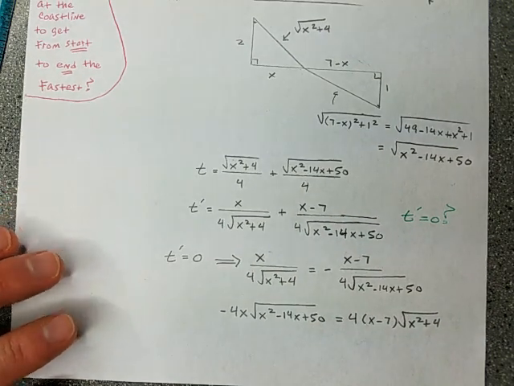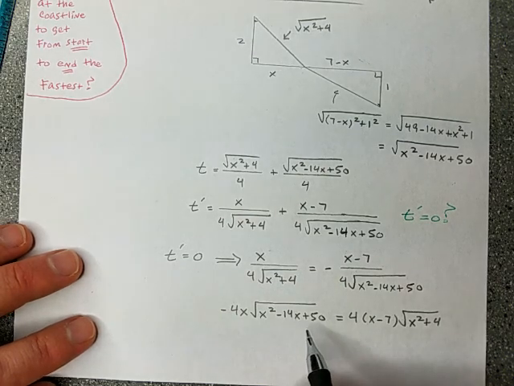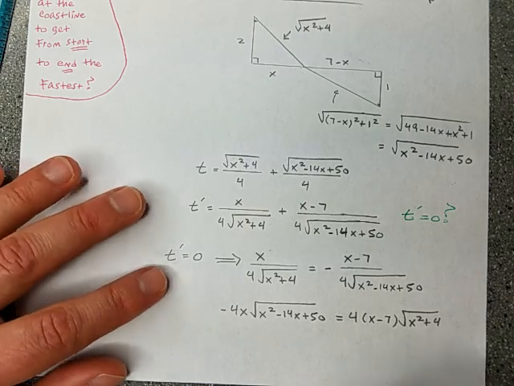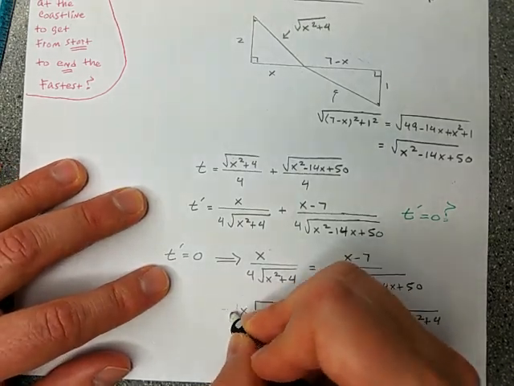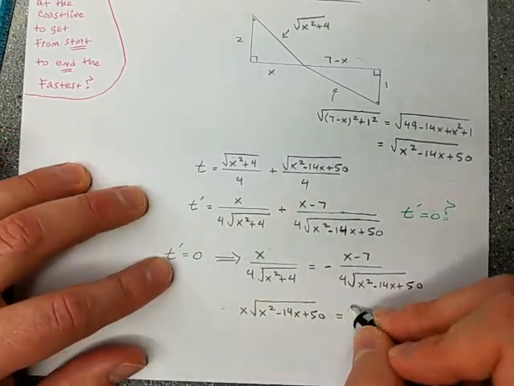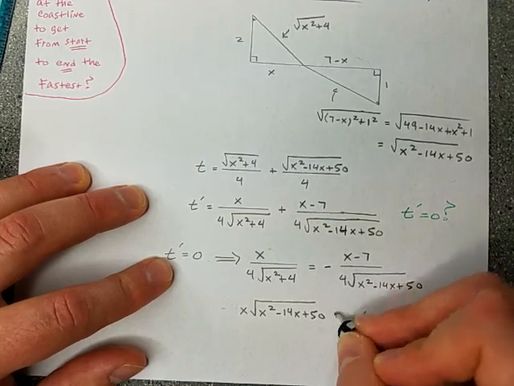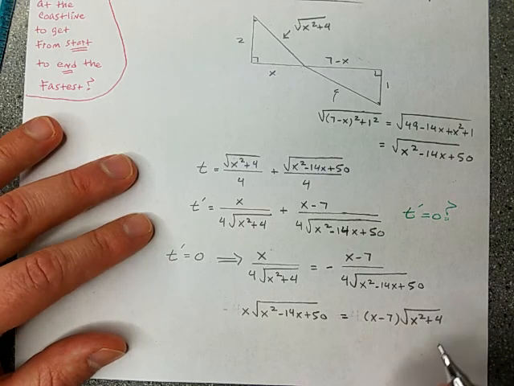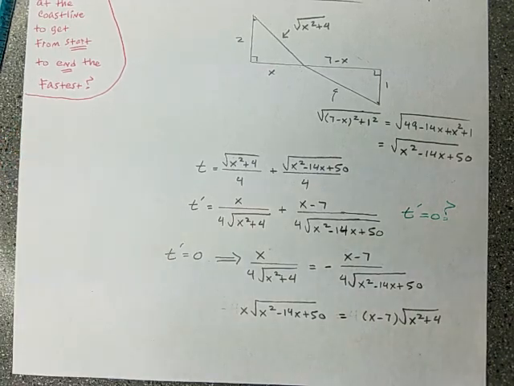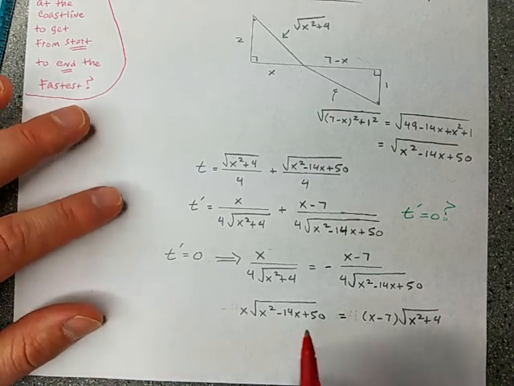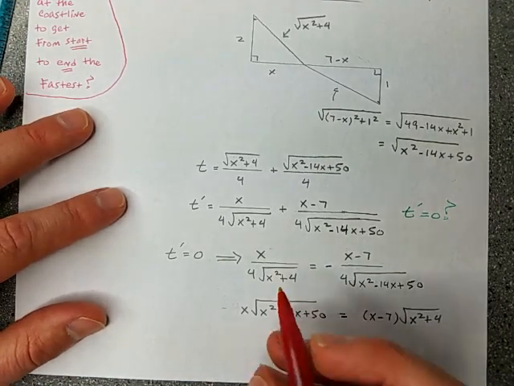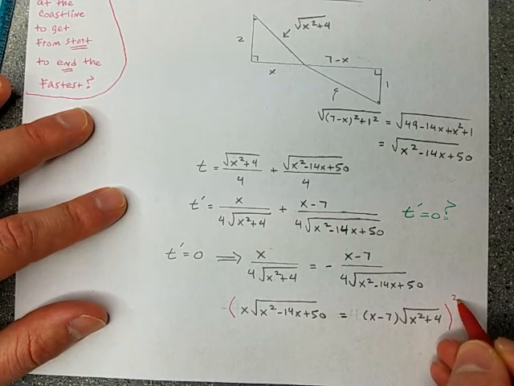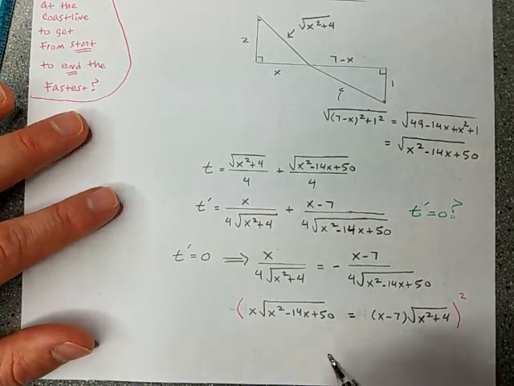Okay. All right, now two things. The 4's cancel, right? Because they're identical on each side. So let's do that. Okay, so the 4's are gone, and I'm left with this. What else could I do to solve it? Well, so I've got these roots there. I'll square both sides of the equation to get rid of that. Okay, so I'll square both sides.